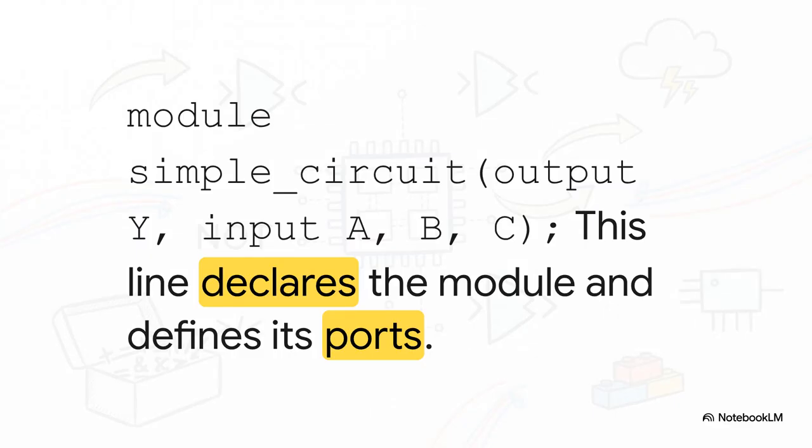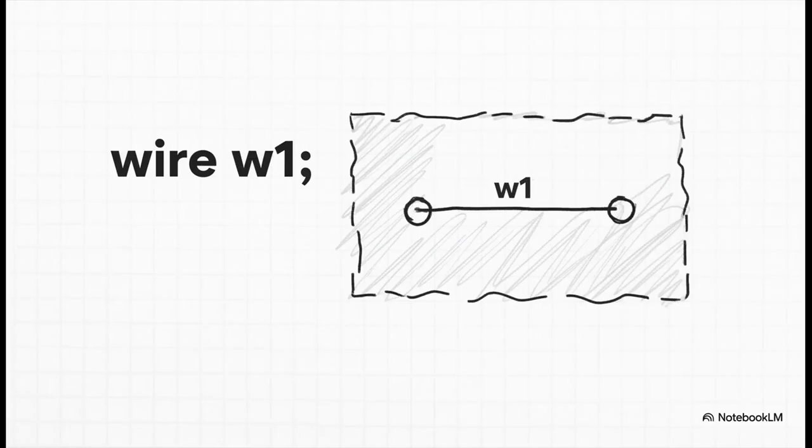Okay, let's do this. We start with the module keyword, and we'll call our creation simple circuit. Then we define its connections, the ports. We need 1 output, which we'll call Y, and 3 inputs, A, B, and C. Okay, now for the inside. We need to define the internal connections. To do that, we declare something called a wire.